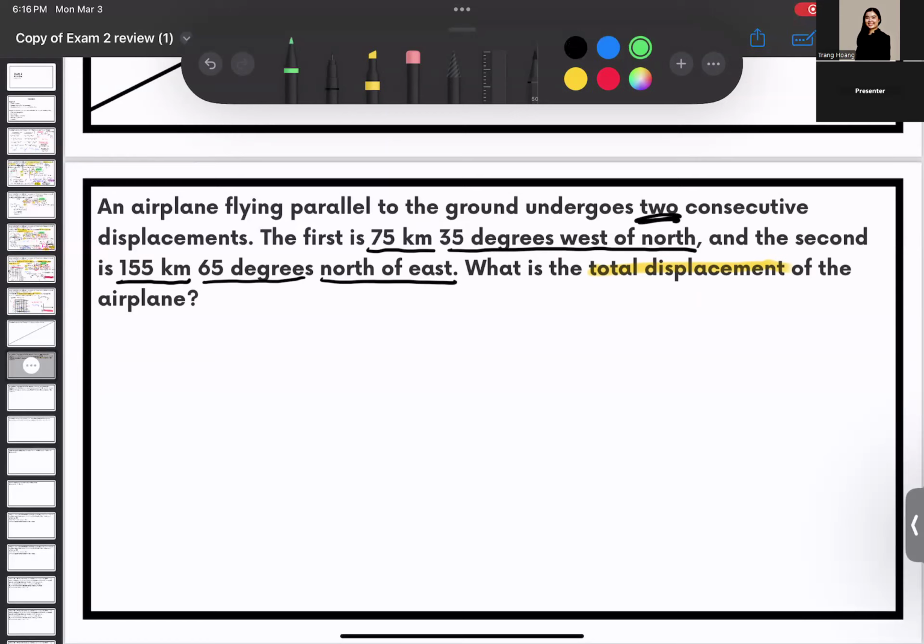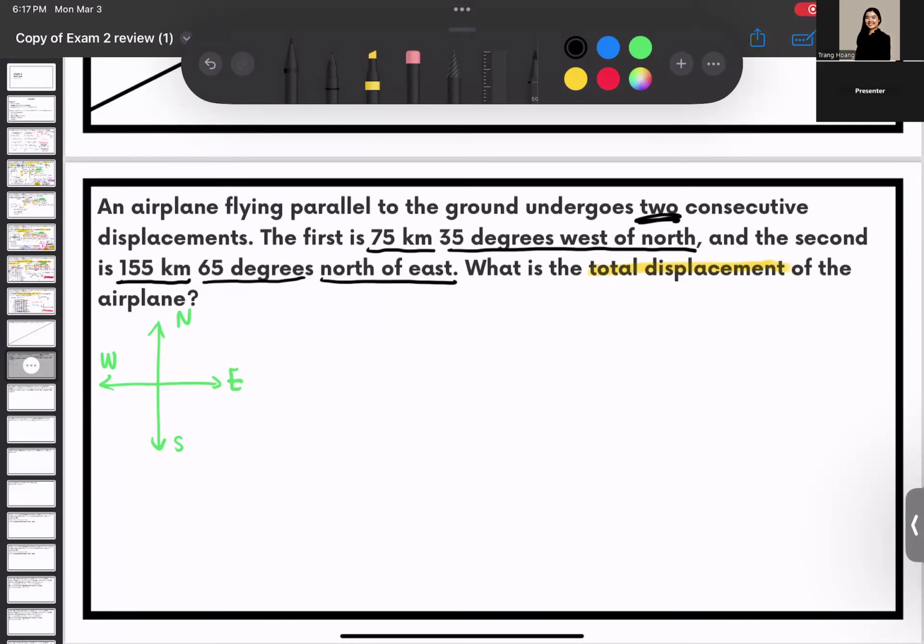What is happening, right? So I'm going to draw our little compass. What we grew up with, never eat slimy worms. Whatever you say to make it work. And what they told me was this is undergoing 2 consecutive displacements.